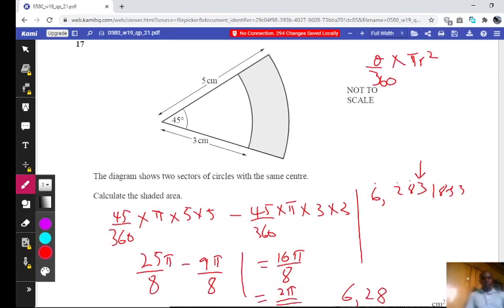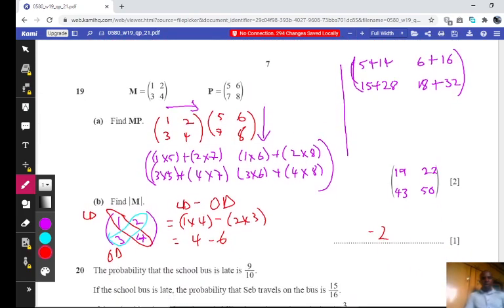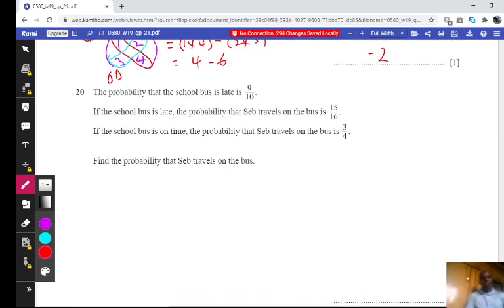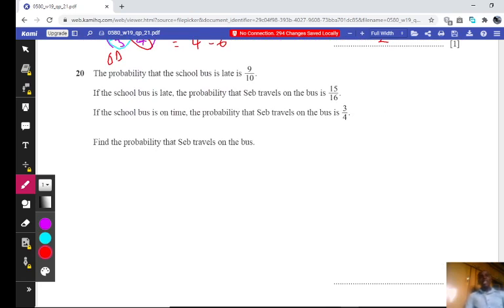Next question is question number 20. It's on probability. The probability that the school bus is late is 9 over 10. So it's either the school bus is late or it's early, so the probability of it being early is obvious, 1 over 10.